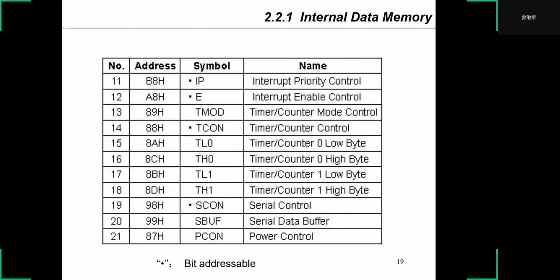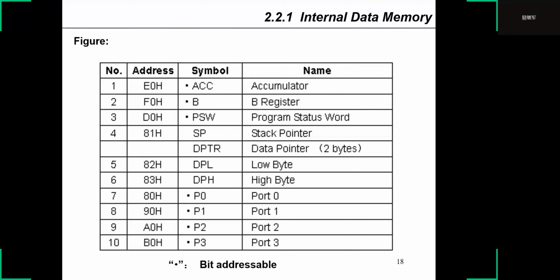Sorry, can you speak again? Laoshi, I mean the other page. Can you go back to the symbol, the ACC?